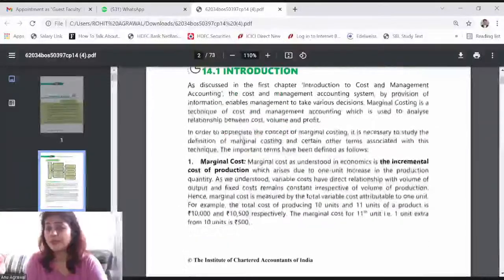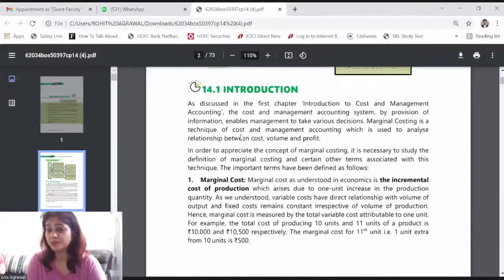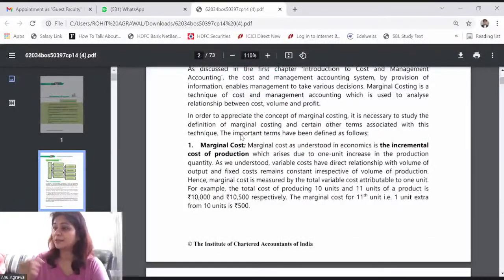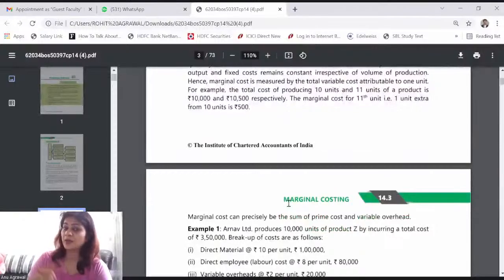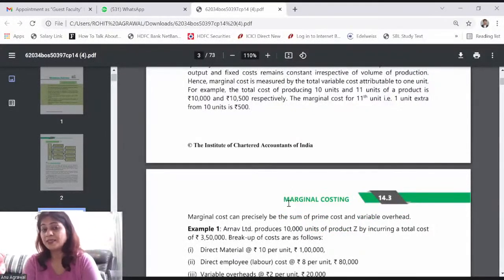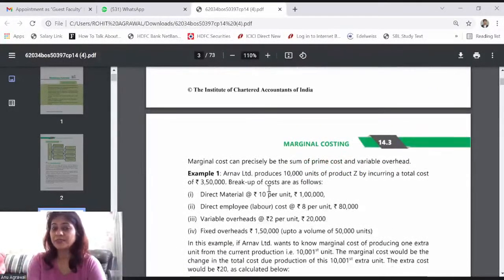They have talked about what is marginal cost. It is the incremental cost of producing, which is nothing but the variable cost. For example, they give you the total cost of producing 10 and 11 units as 10,000 and 10,500. Then the marginal cost of producing that one additional unit is rupees 500. They have tried to give you an example.